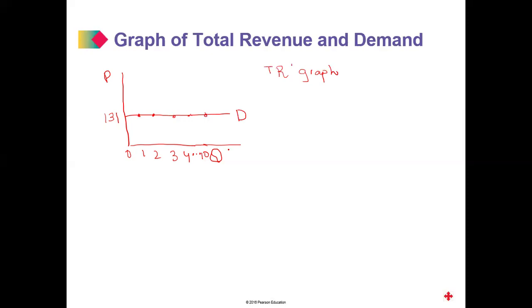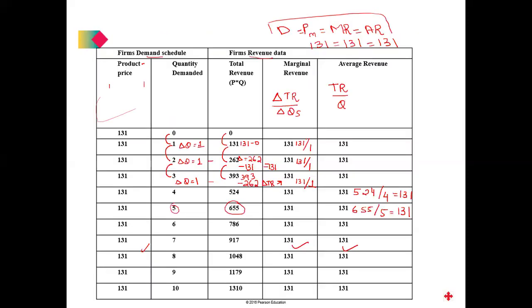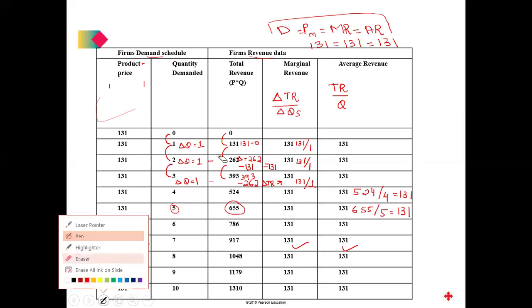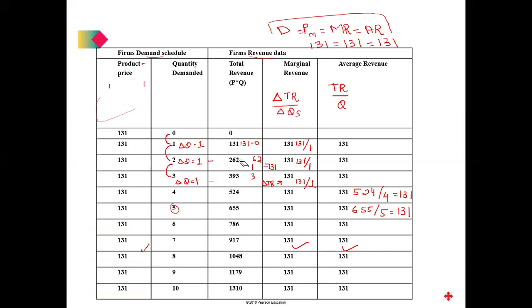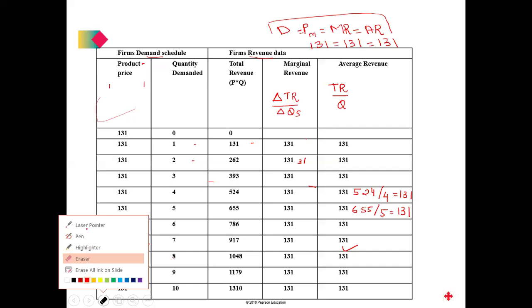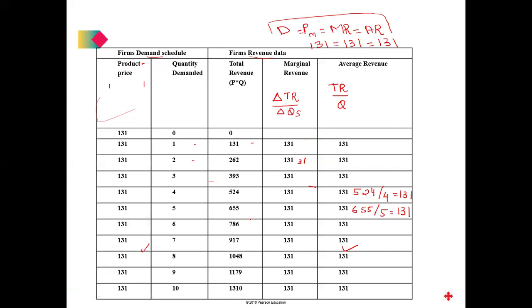Okay, so if you look at the pattern over here for the total revenue, I'm going to first erase all of this. So if you look at the pattern over here, when quantity demanded is 0, total revenue is also 0.